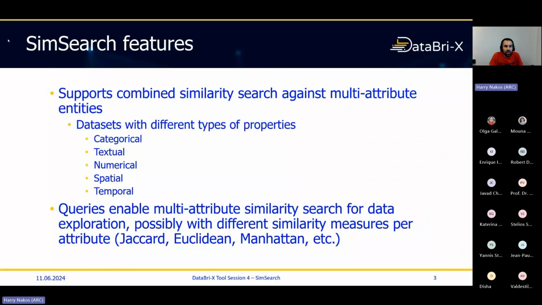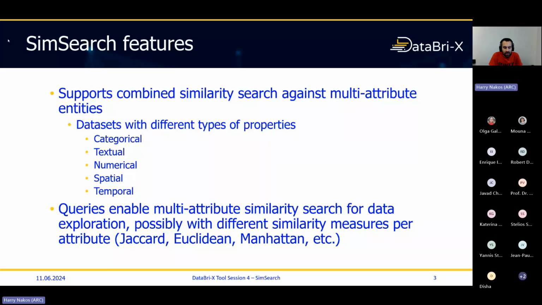SimSearch supports combined similarity search against entities that have multiple attributes. The types of attributes that are supported can be categorical, textual, numerical, spatial, and temporal. Queries use different similarity measures per attribute.